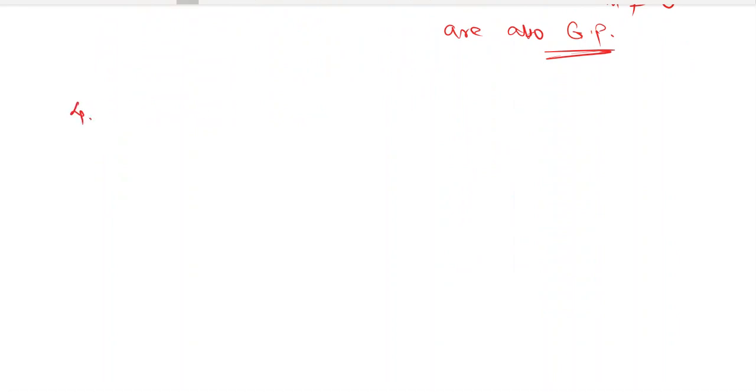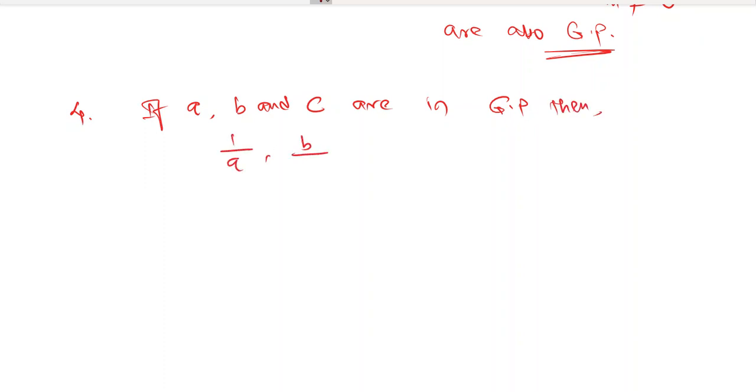The series obtained by taking reciprocals of the terms of a GP is also a GP. So if A, B and C are in GP, then 1 by A, 1 by B and 1 by C are also in GP.